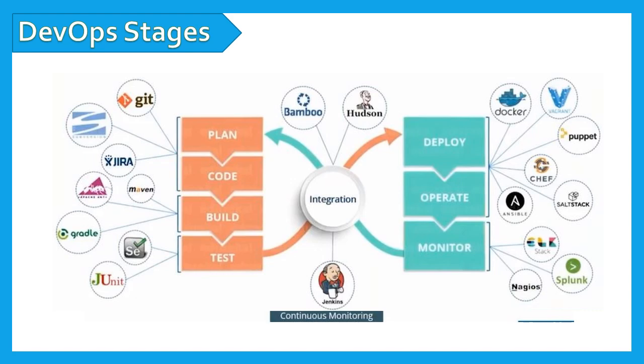Once that is done, it will deploy it onto the test server for end user testing using tools like Selenium. Then it will automatically take that tested application and deploy it onto the production servers for release. Then it is continuously monitored by tools like Nagios.